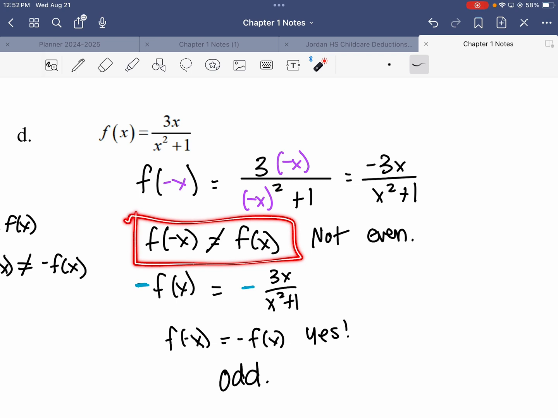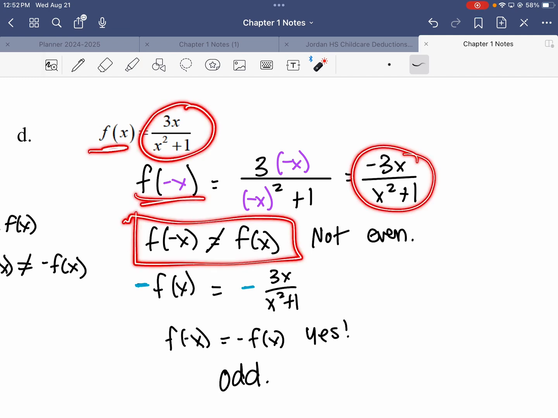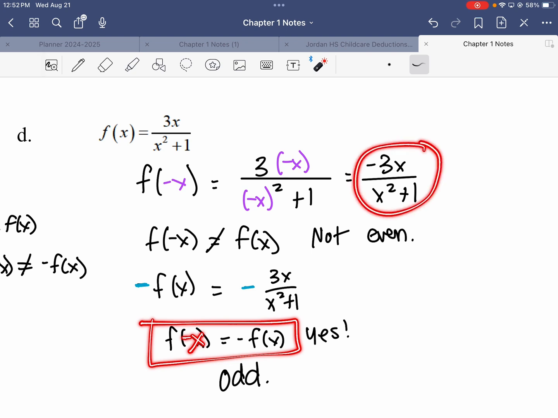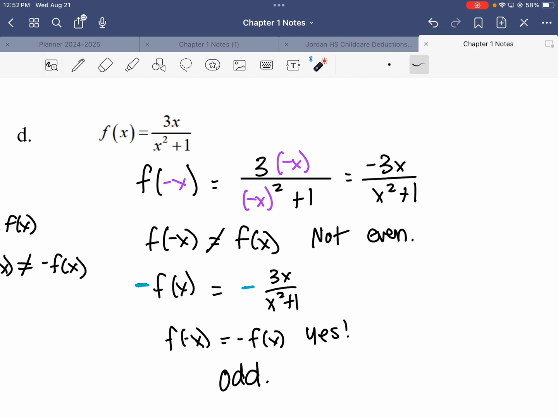Those would match. So that would mean that this one and this one have to match because this is f of x and this is f of negative x, right? But the definition of odd is that f of negative x, which is this one, would have to equal the negative of the f of x, which would be this one. So do these two match? That's why this one's odd. Does that help? Yes. Okay.